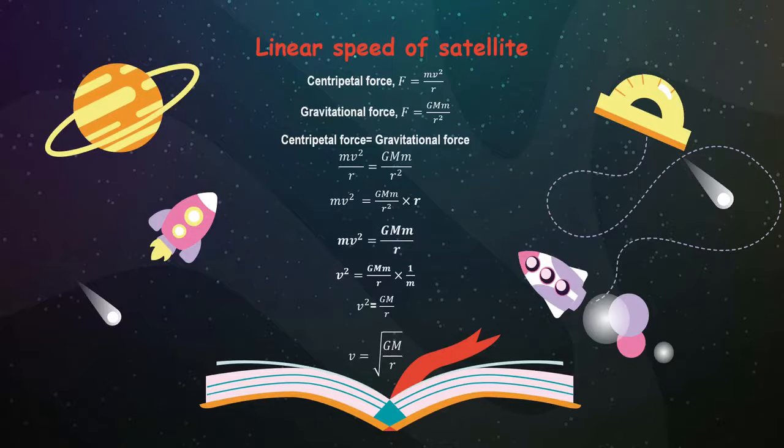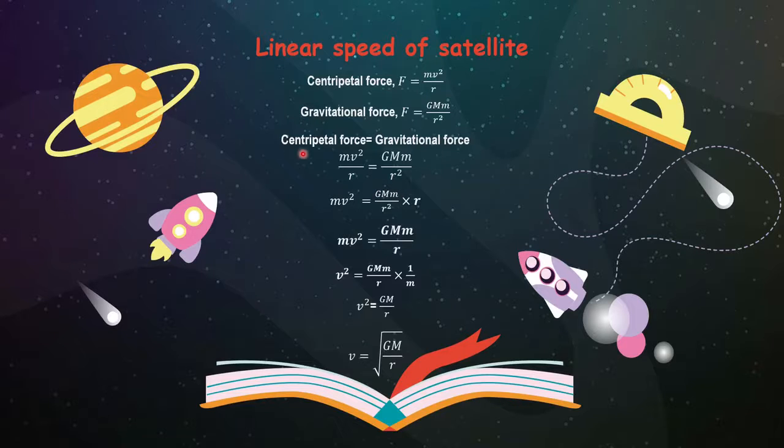As I said in the previous slide, I will show you how to calculate the linear speed of a satellite. I will show you the formula. We need to calculate the speed, so this is just like our mathematics. We need to solve this equation.